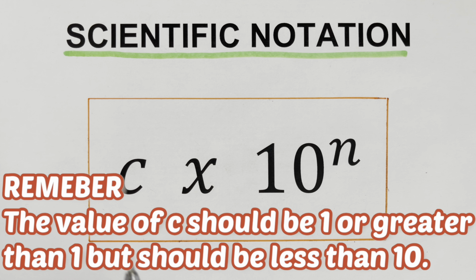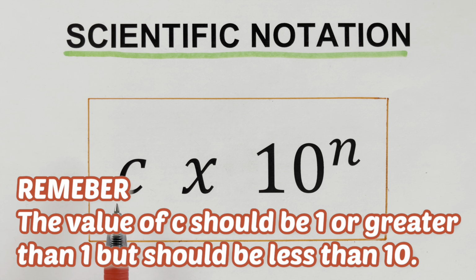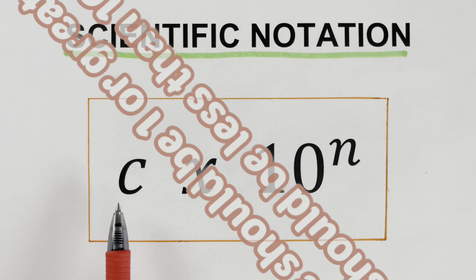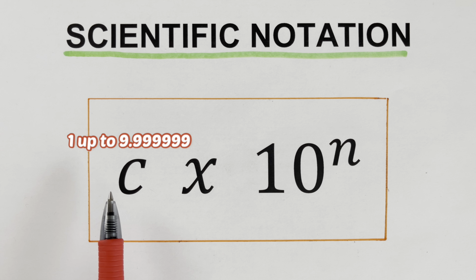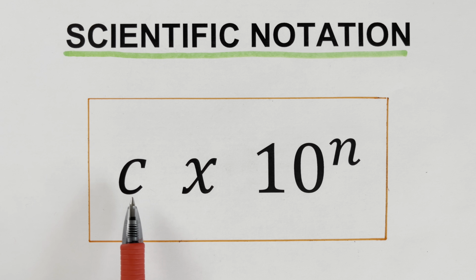And we remember that the value of C that we have here should be greater than or equal to 1, but should be less than 10, which means that the value for C here can be from 1 all the way to 9.99999, and the 9 repeats, which means that the C can be 1, the C can be 1.1, it can be 2.7, it can be 3.78, it can be 4.7653, as long as it's between 1 to 9.9999, then we are good. So that's the standard value for C.